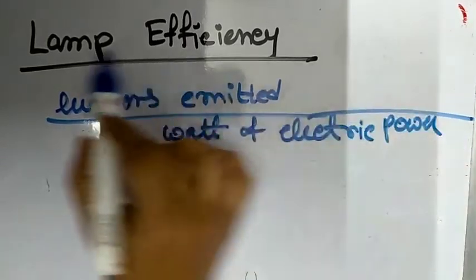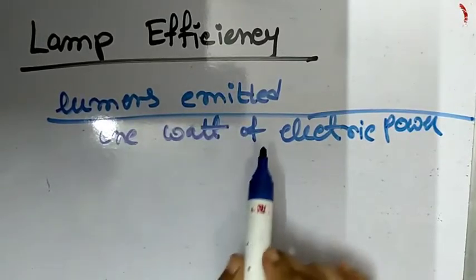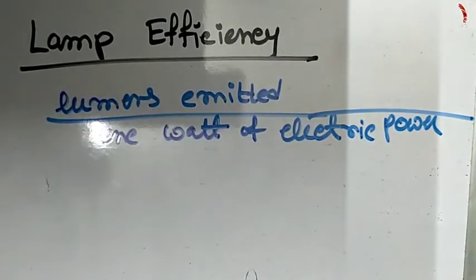So lamp efficiency is the ratio of lumens emitted per 1 watt of electric power.